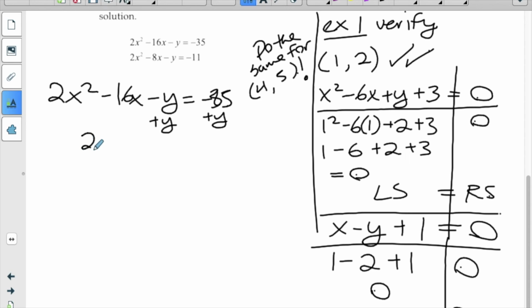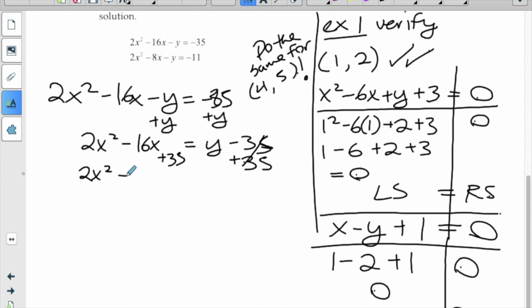So I get 2x squared minus 16x equals y minus 35. And then I'll add 35 to both sides. Many of you will be able to do this in one step, and that's fine too. So you get 2x squared minus 16x plus 35 equals y.